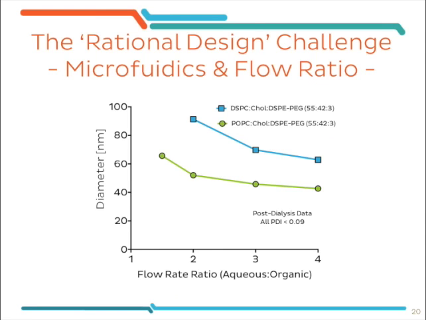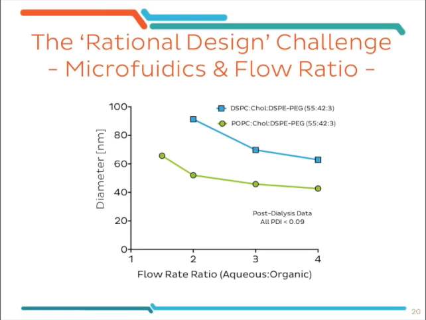So here I would choose the lipid formulation with the flexible lipid, so here in green. So I would choose the one made with the lowest flow ratio. And the lipid formulation made with the stiff DSPC lipid, here I would choose the formulation made at the highest flow ratio. And that allows me to actually get particles of the same size and to compare apples with apples and not apples with oranges.